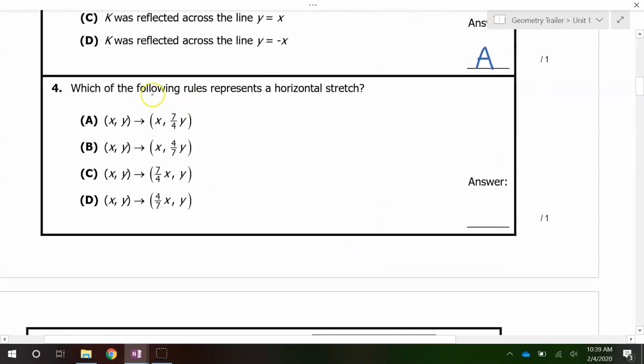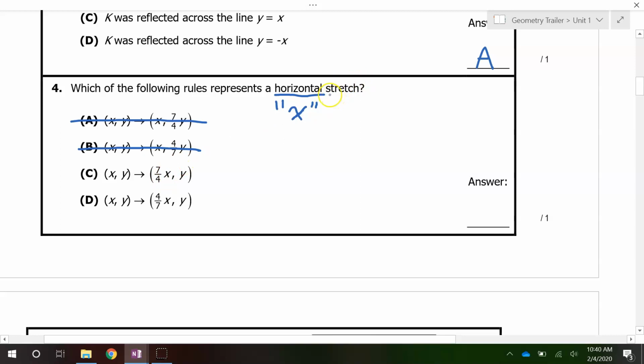Okay, problem number 4. Which of the following rules represents a horizontal stretch? As soon as you see the word horizontal, the horizontal is in the x direction. So that means only the x values should be affected. So we know that it's not going to be A or B because that's y values. So it's going to be one of those.